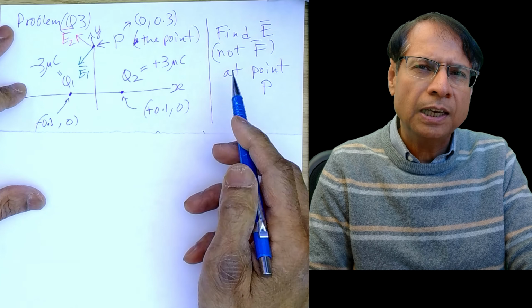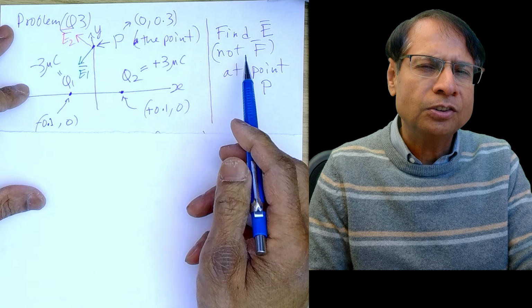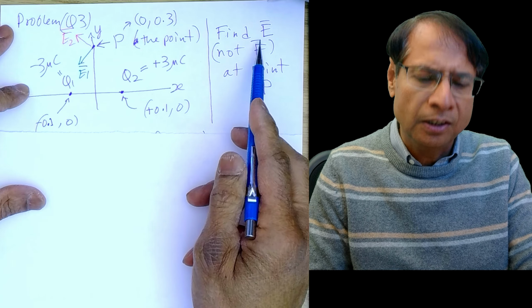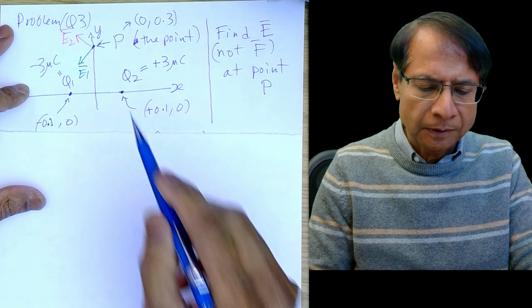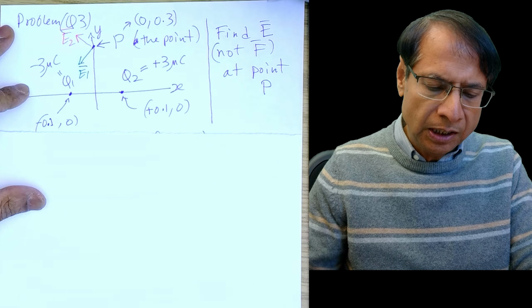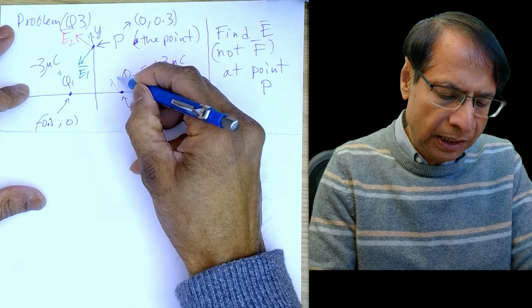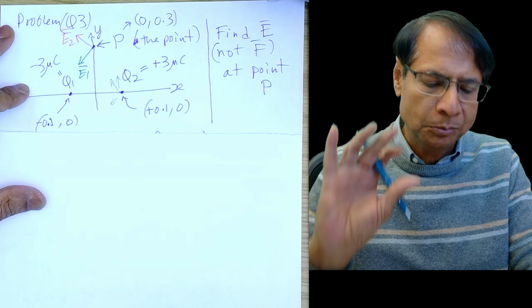Now the first mistake many of you made is you calculated the force. That's not what's asked. You're asked to find the electric field at the point P, not the electric force. No matter. So this is a positive charge, so you have electric field lines leaving it. The electric field flies away from positive charges.